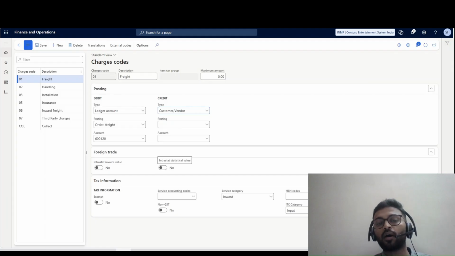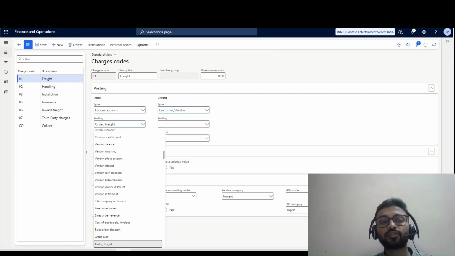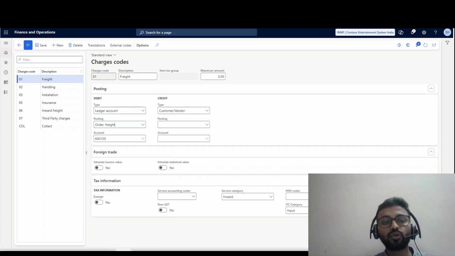Because at the time of creation of the entry, whatever vendor or customer it is, the cost will be added to that particular vendor or customer. So I don't need to select anything here. Here I have selected posting type. You can select the posting type as per your requirement. Generally, I prefer to select miscellaneous expense and order freight.